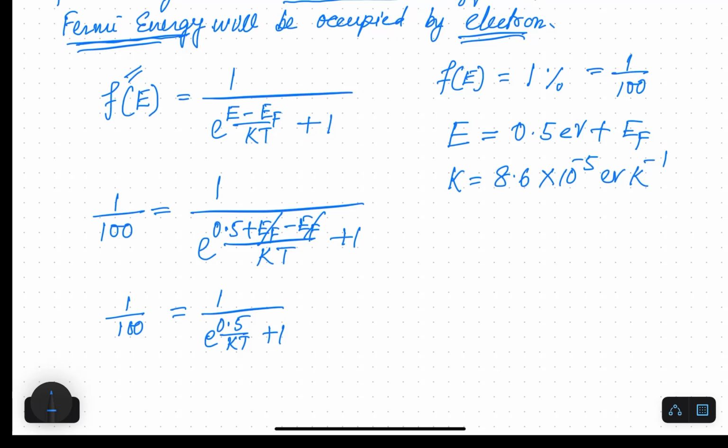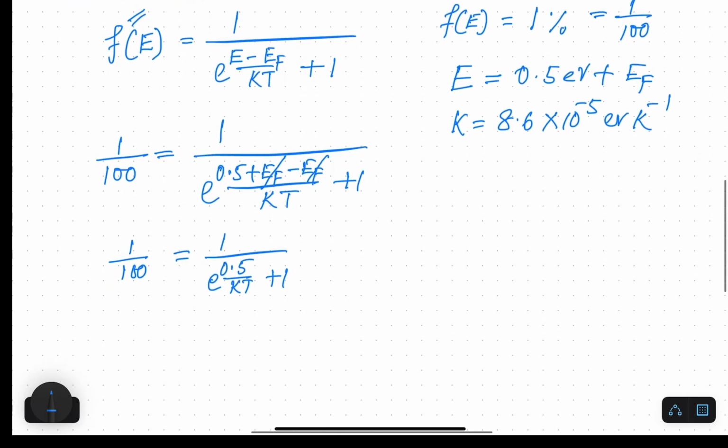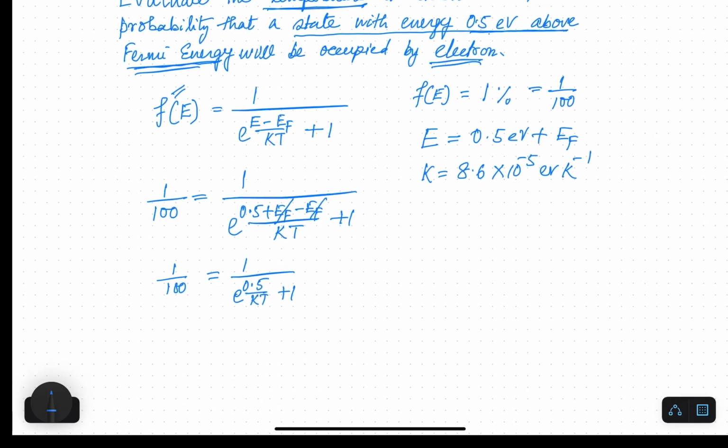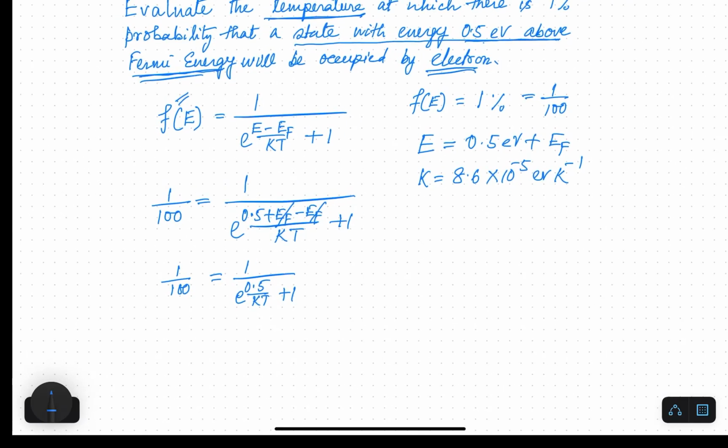Let us go ahead with some steps without a calculator, and finally when I require it, I can use the calculator as a student. I will consider 0.5 by kT as x.